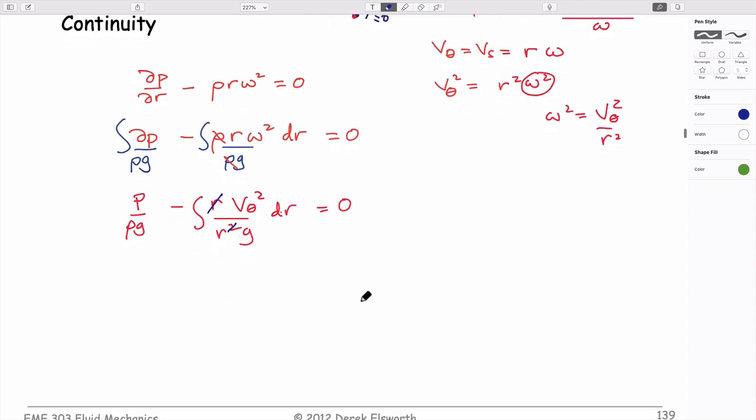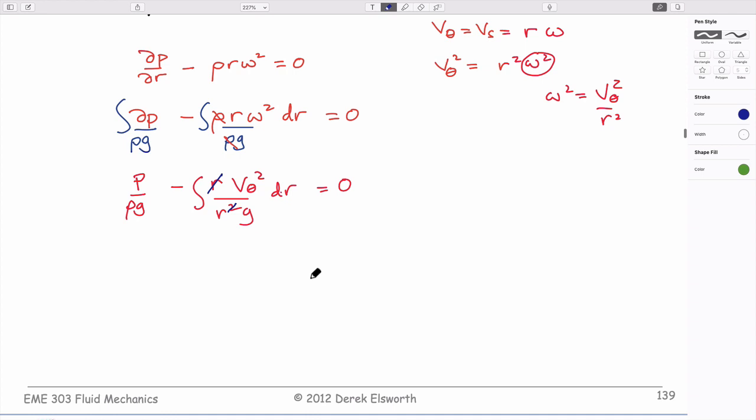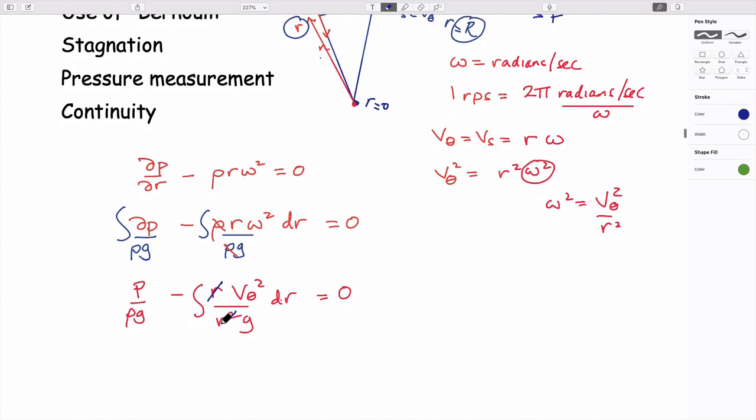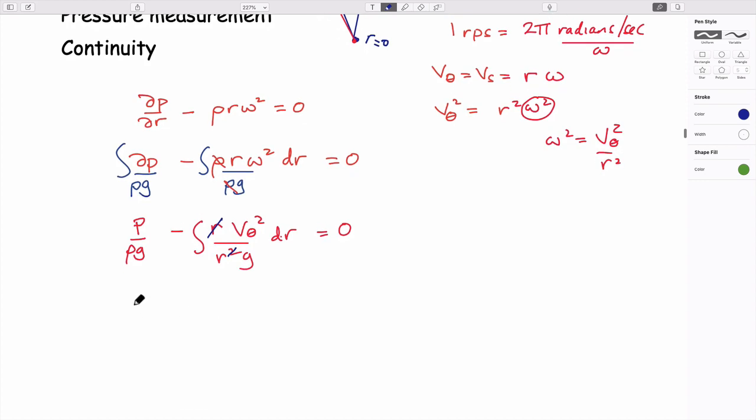And then we can write that if we, for instance, define this term here as being equal to this radius where this happens, which is uppercase R, so we can substitute this R here, then we have a term which is pressure over unit weight, because this is just unit weight, minus the integral of V streamline.